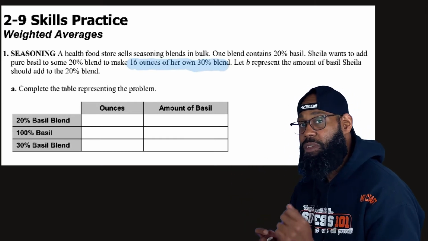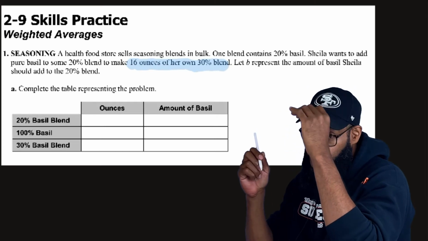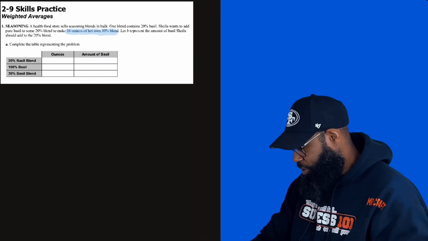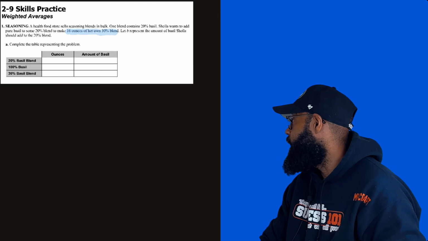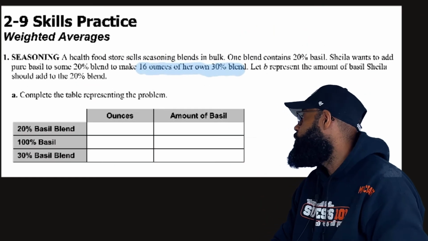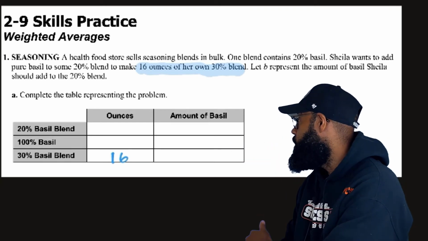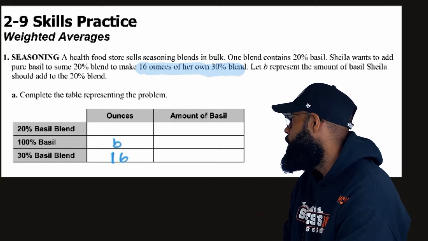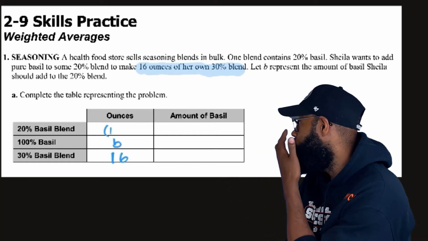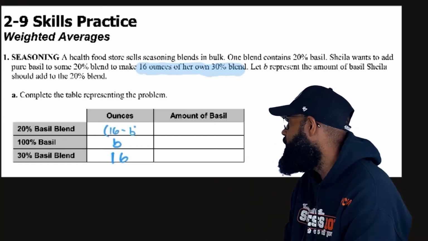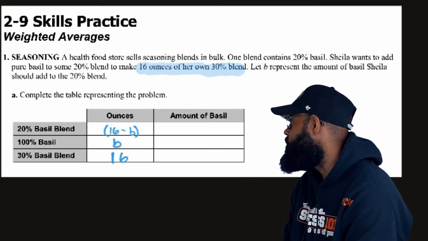So let's get this thing moving again and be prepared for another pause. So, as I was saying, guys, what information could I pull from there that I know for a fact is going to help me fill this in? Well, there it is, 16. Now, how do I represent B? B is my variable. Let B represent the amount of basil Sheila should add to the 20% blend.